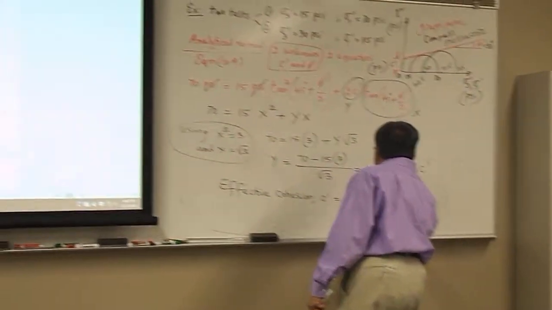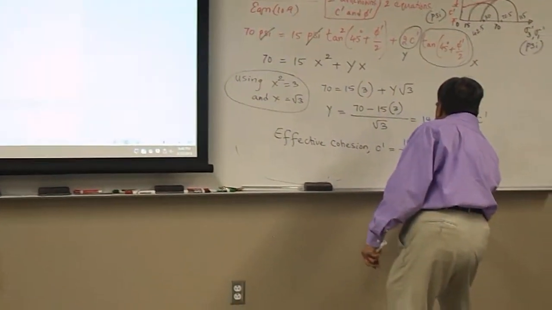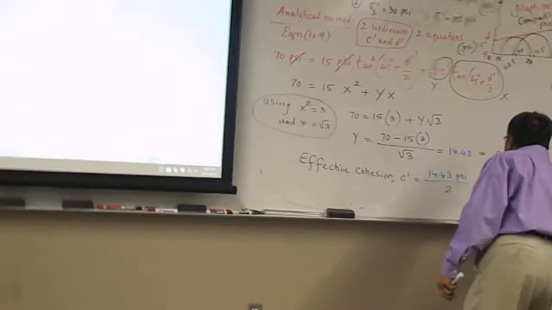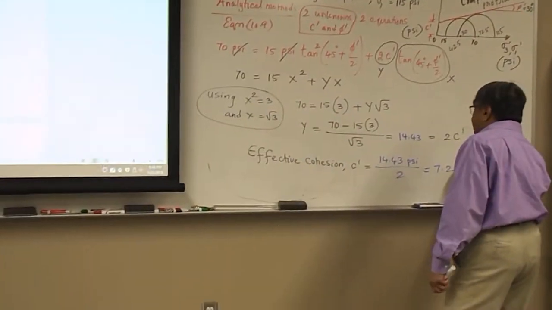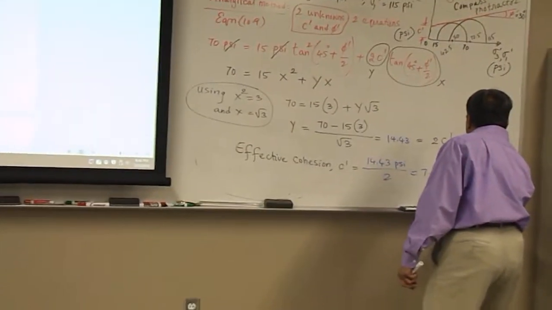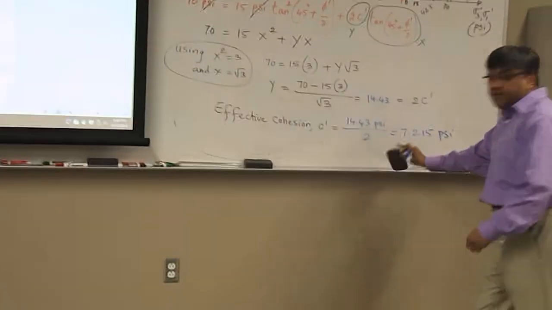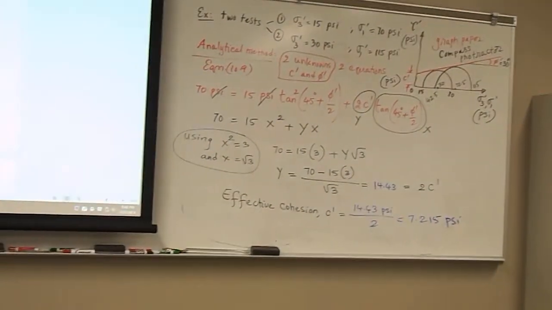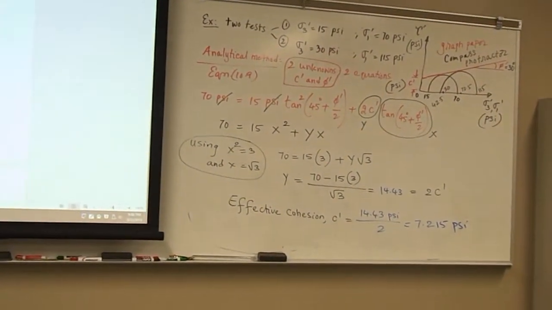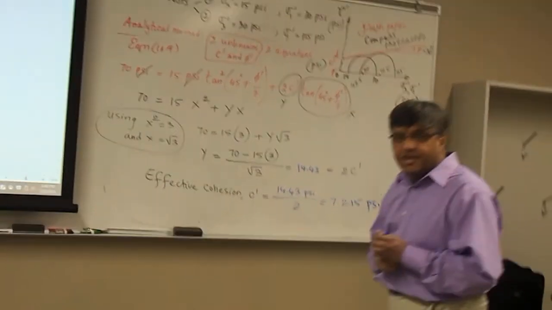That means 14.43 psi divided by 2, which is 7.215 psi, is the effective cohesion. I will continue this chapter in the next video. Thank you.